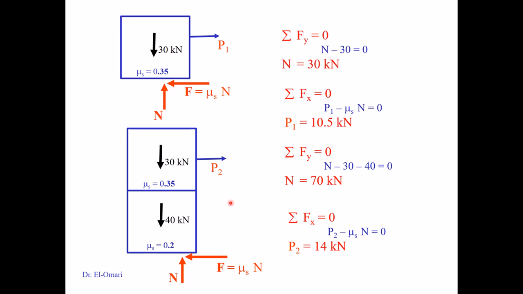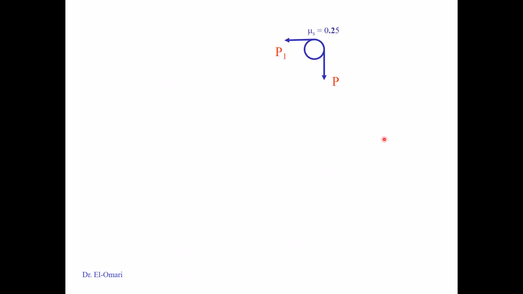So P2 here is 14 kilonewton, which means that when you start increasing the force, once it reaches the 10.5, then the system or that box will start sliding, which means that this case will never happen because the force will never reach the 14 kilonewton.